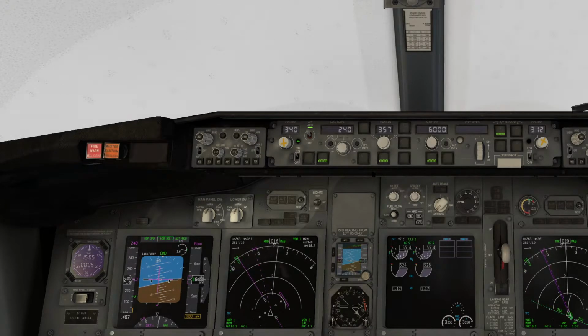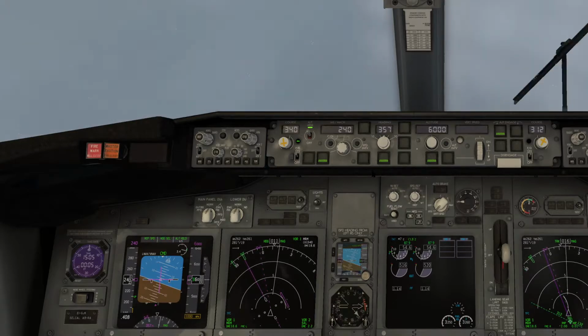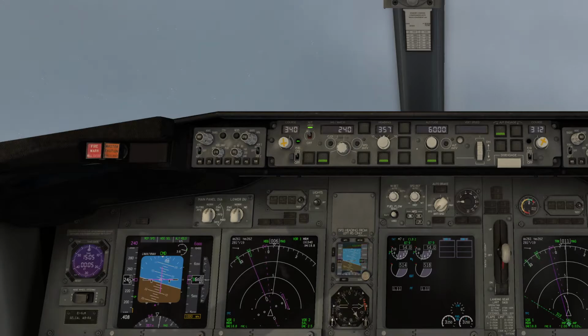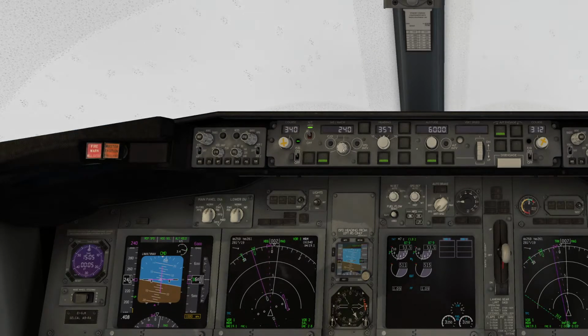What is this doing? Seems that the autopilot has some degree of liberty today. Has his own mind. So increase the speed to 250 now.